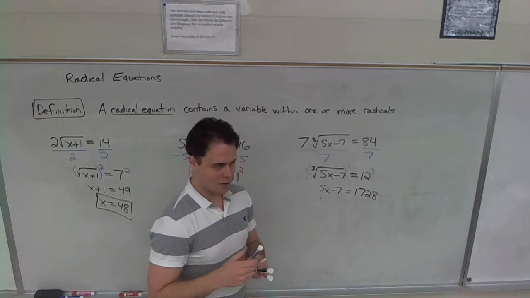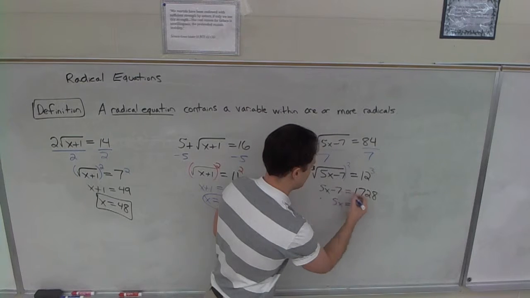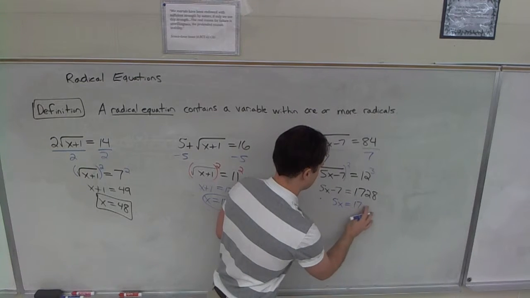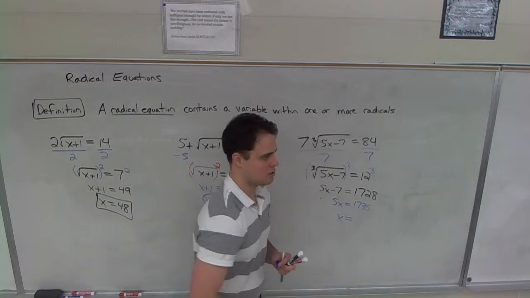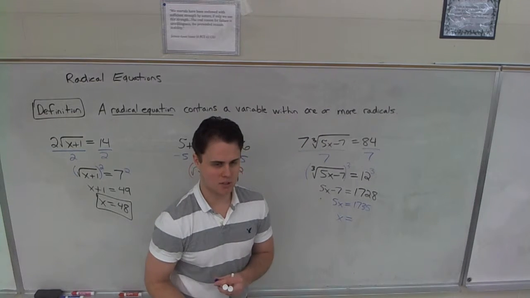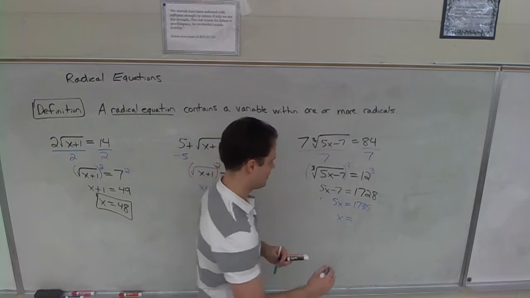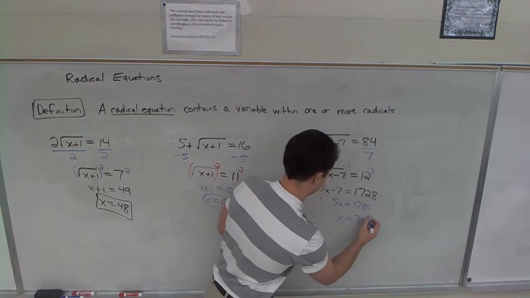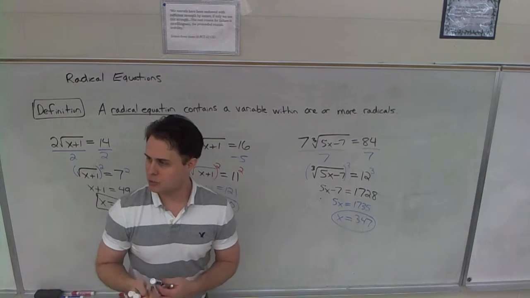Okay. And of course it's just a little linear equation from there. So I need to add 7, is that 35? And divide by 5. I don't want to divide that by 5. Please help your poor math teacher. It's 347. I got you, Montana. Okay, so there's solving some rather simple radical equations.